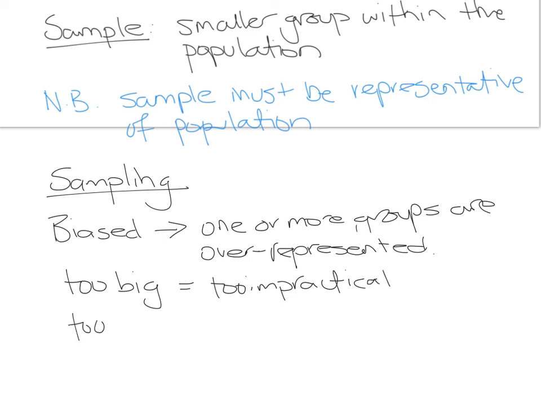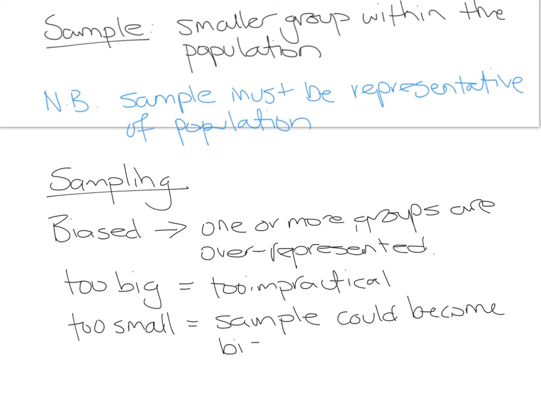Too small and you risk your sample becoming biased, and we don't want that. If it's too small, we may not have covered all of the groups, and you may be over-representing just some of them. So to minimize the chance of bias, we use a random sample.